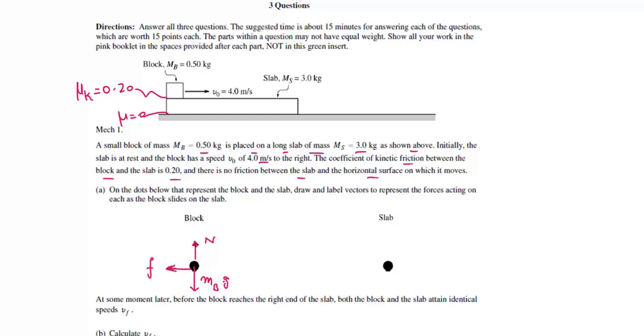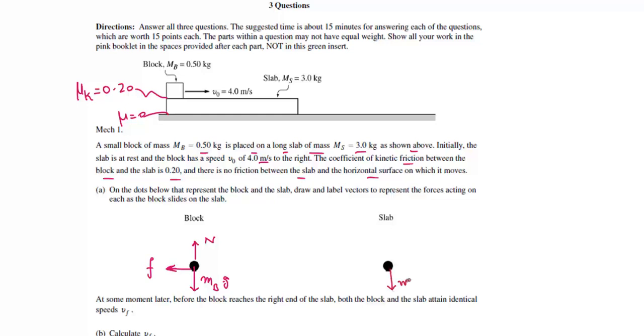That will act in the direction opposite to the relative motion. The velocity of this block with respect to this slab is 4 meter per second towards the right, so the friction will act in this direction, right?